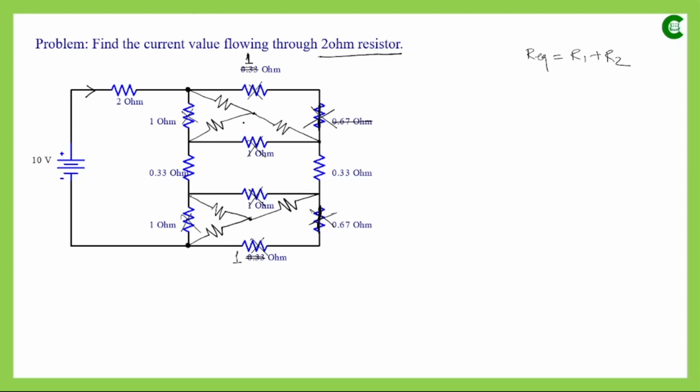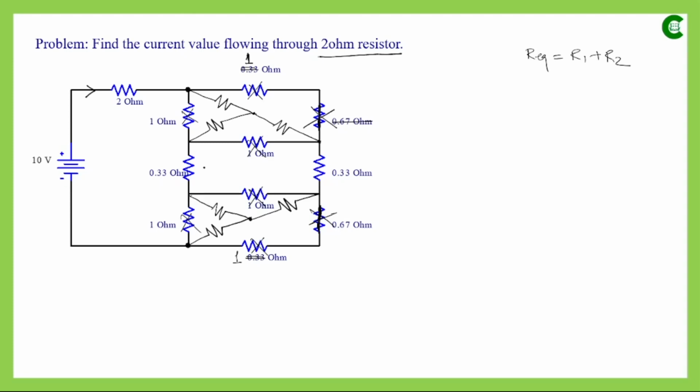So if we now focus on this part of the circuit, we can find that this register and this register are connected in series. Similarly, this register and this register are also connected in series. So easily we can add their values, and instead of having three resistances, we can represent this part of the circuit by only one resistor.